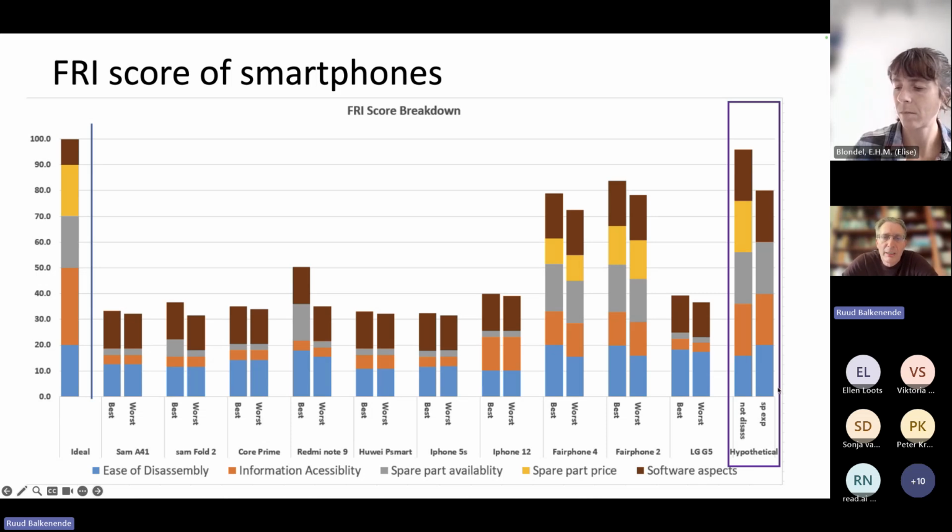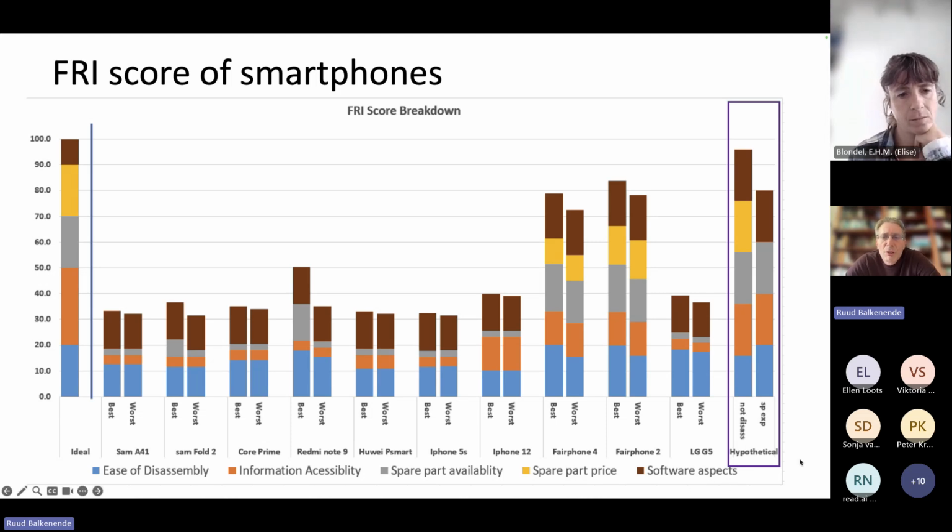And as you can see here at the right, these products get extremely high scores, and that's related to the fact that the scores are determined by subscores on different types of topics. Ease of disassembly, information accessibility, spare part availability, spare part price, and software aspects.